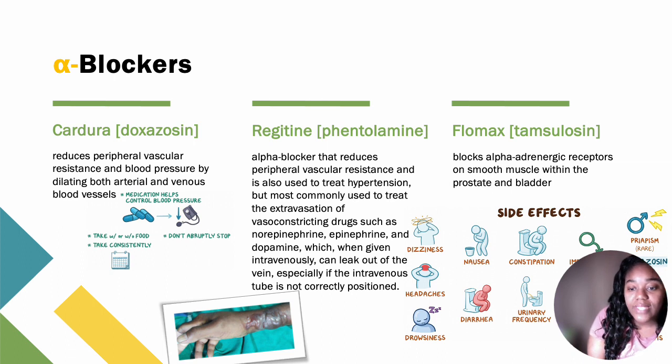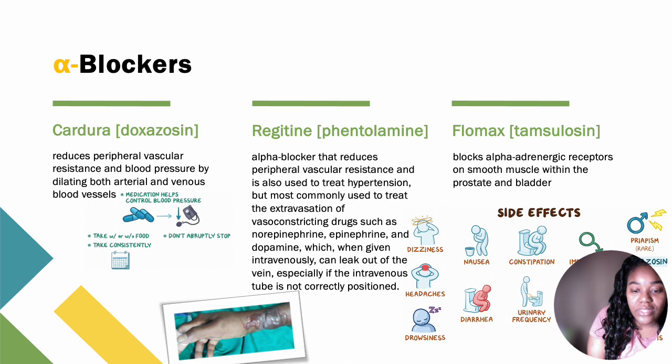And then you have tamsulosin. This is also known as Flomax, and you'll see this a lot in the treatment of benign prostatic hyperplasia. And what this does is that it blocks the alpha adrenergic receptors on the smooth muscle within the prostate and bladder. So its action is an alpha 1, but its direct action is on that prostate and the bladder.